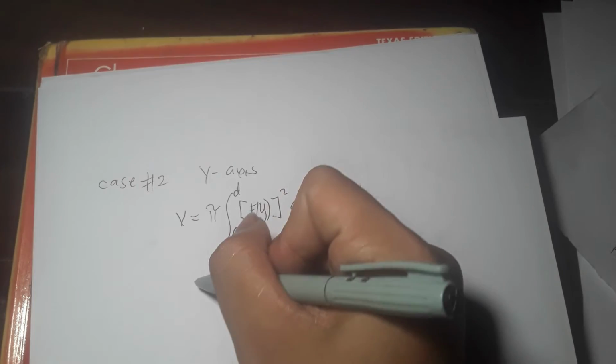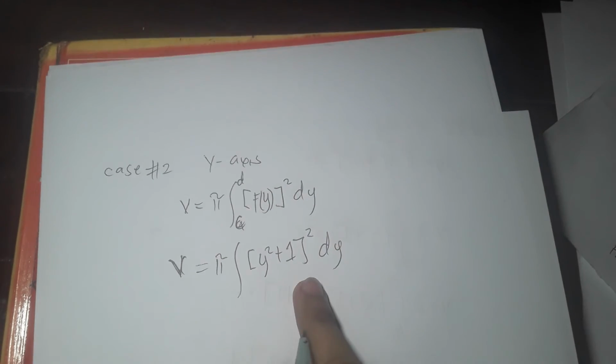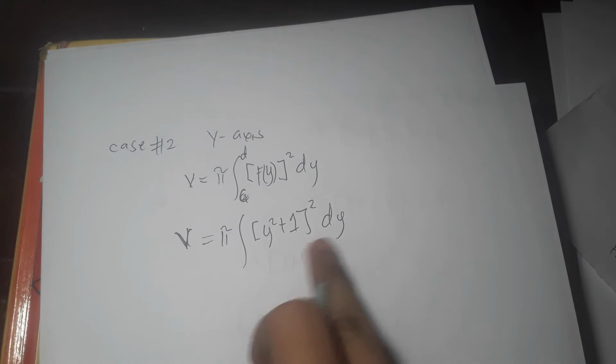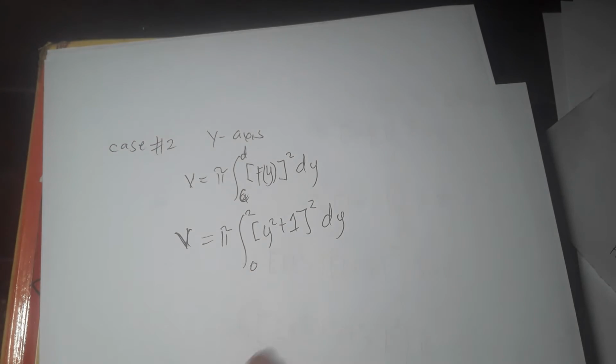So this would become V is equal to pi times the integral of y squared plus 1 raised to the second power, dy, with respect to y, with the lower and upper limits 0 to 2.